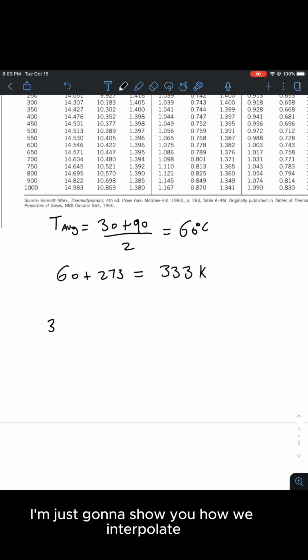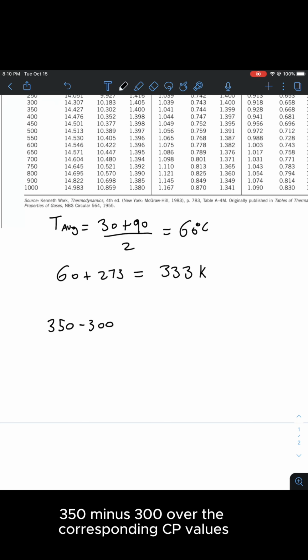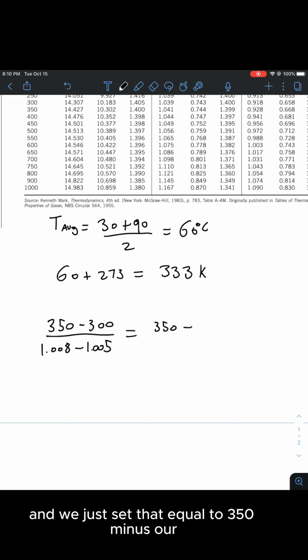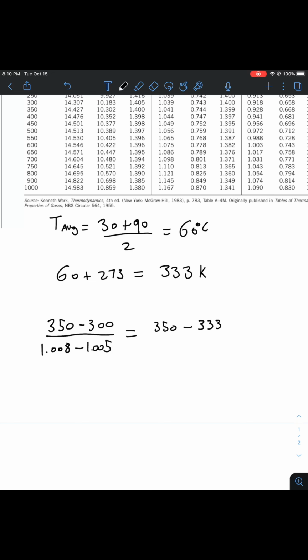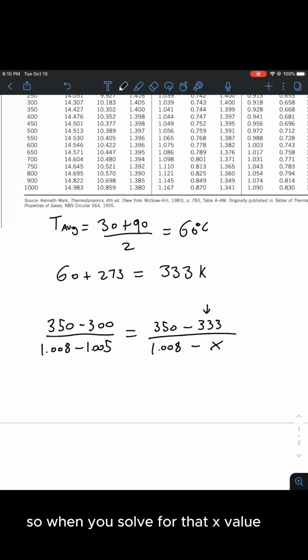Really quickly, I'm going to show you how we interpolate. We have 350 minus 300 over the corresponding Cp values, 1.008 minus 1.005, and we set that equal to 350 minus our 330 over 1.008 minus X. When you solve for that X value, that's how you get your Cp for 330.